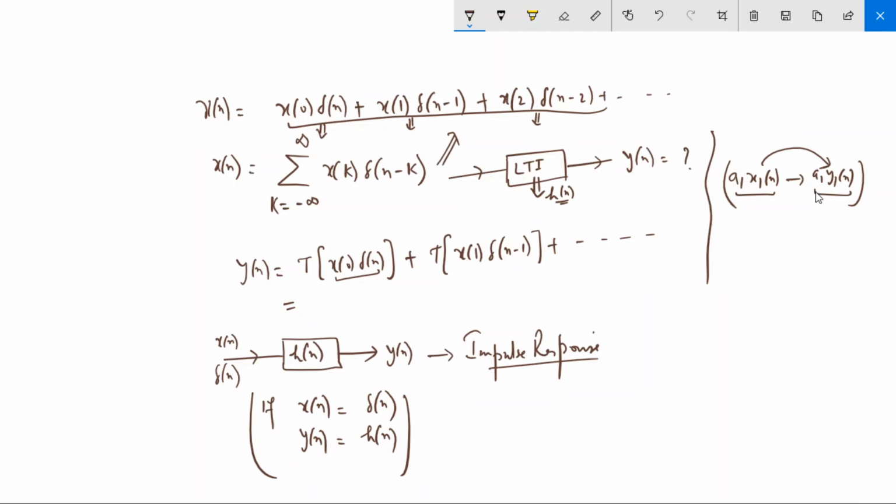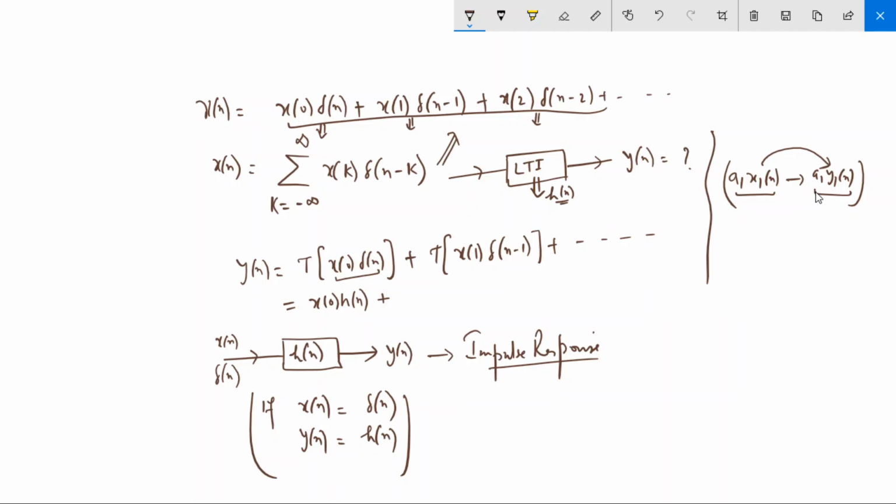This is also part of the linearity property. It means the output of this will be equal to x0, this constant remaining as it is, multiplied with the response of delta n, which is h of n.